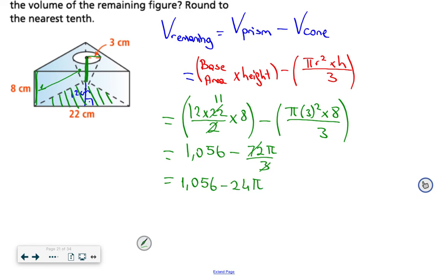You can leave your answer like this, or if you continue, 1056 minus 24 times pi is approximately 75.4. When you subtract them, 1056 minus 75.4 will be equal to 980.6, which is the volume of the remaining figure. This is the answer.